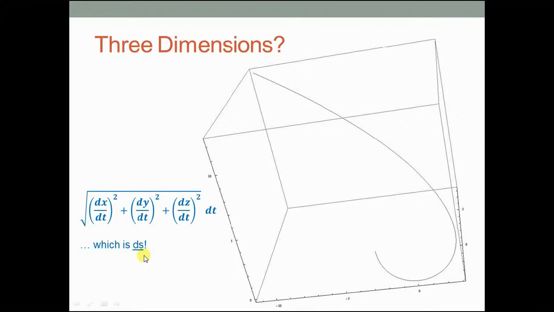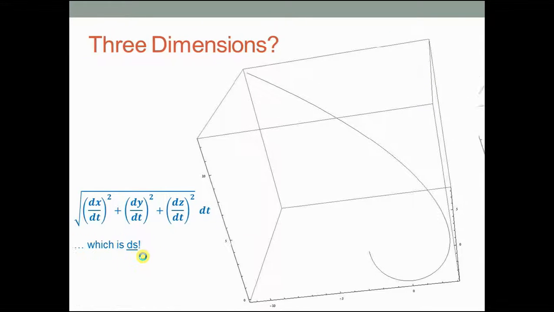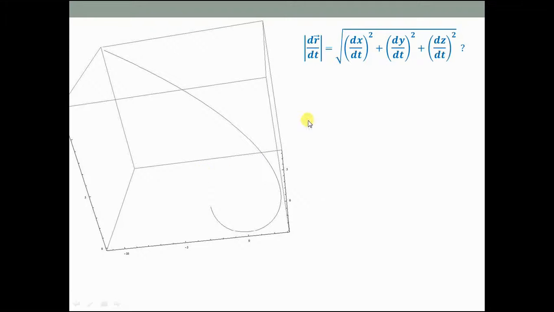Also note that most often you will see in textbooks that ds is equal to the magnitude of dr over dt. But that is of course essentially the same idea of what we're talking about, right? If you can imagine what r is, well, pretend that this curve represents the motion of a particle again. Then r is essentially the position vector of the particle with respect to the origin, right? The position vector.